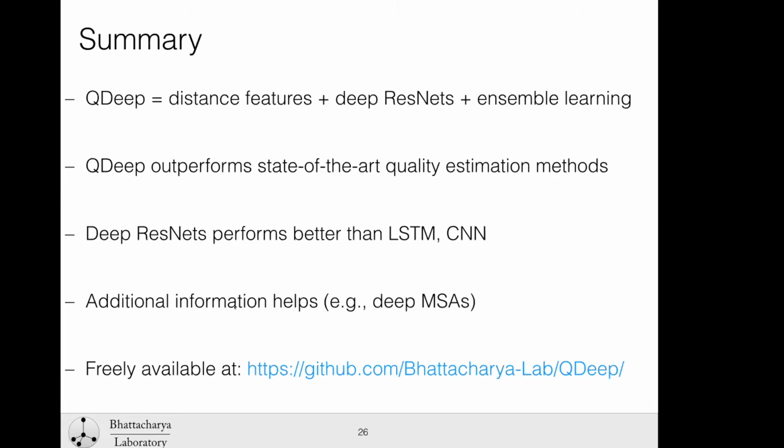We have observed that additional information such as deep multiple sequence alignment helps in improving the quality estimation performance, and distance information is actually a critical factor. Our method is freely available at GitHub, including the source code and training process and everything. You're welcome to check it out. Here is the URL for our method.